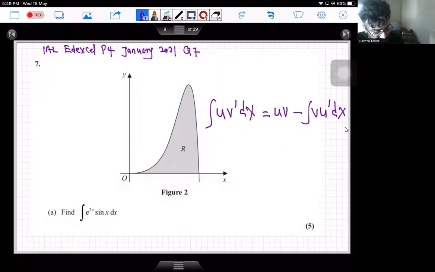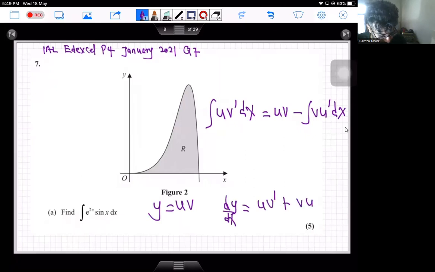As we know, when y is equal to u times v, dy over dx is supposed to be uv dash plus vu dash. Now, since integration is the reverse process of differentiation, obviously if we integrate uv dash plus vu dash with respect to x, we will exactly get u times v.